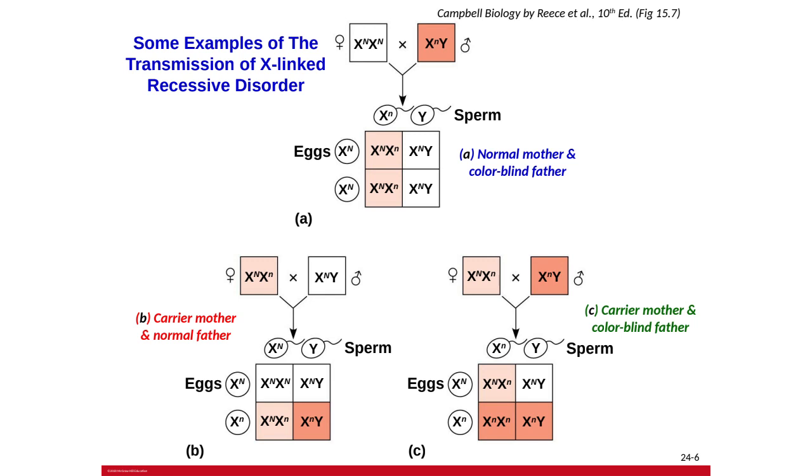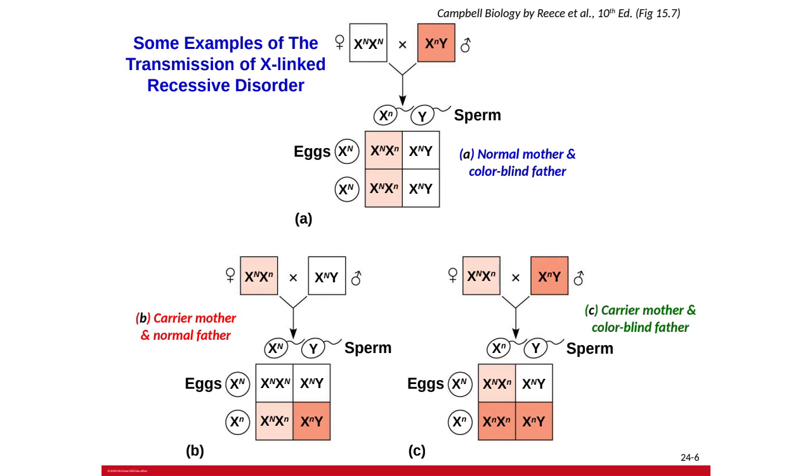If he has a son, he can't possibly pass on the gene for color blindness to his son, because he has to pass the Y chromosome along. In this particular case, the female has 2 good copies of the gene, so you can see she's X big N and X big N. So in this family, they wouldn't have the gene.